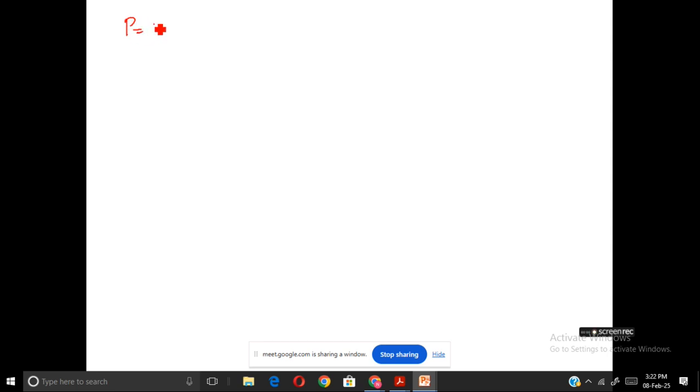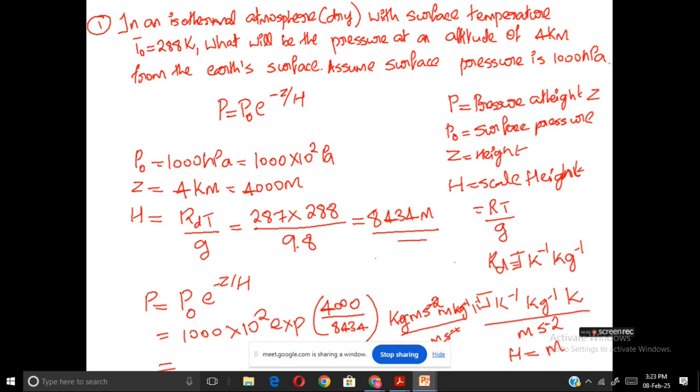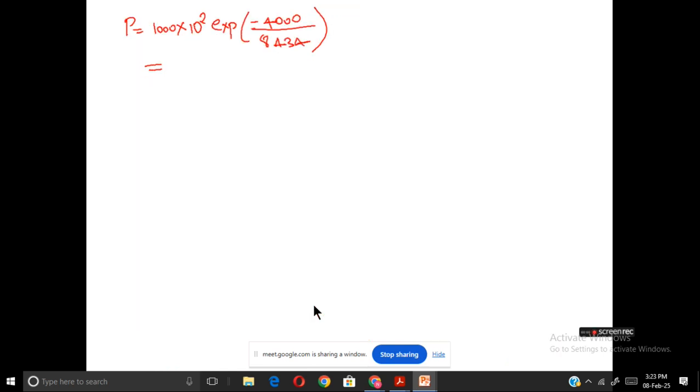So it was basically P is equal to 1000 into 10 raised to 2. The 10 raised to 2 is coming because it is given in hectopascal, so we have to convert it into pascal. So P0 into exponential of Z, which is 4000, divided by H, which is 8434. There is a negative sign over here, I think I missed it. So it will be exponential of minus 4000 by 8434.